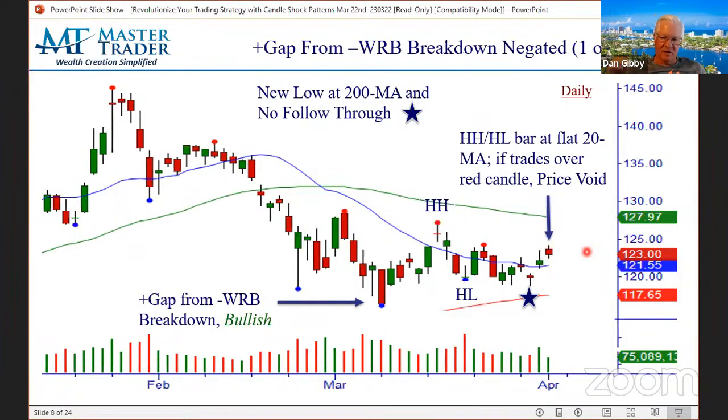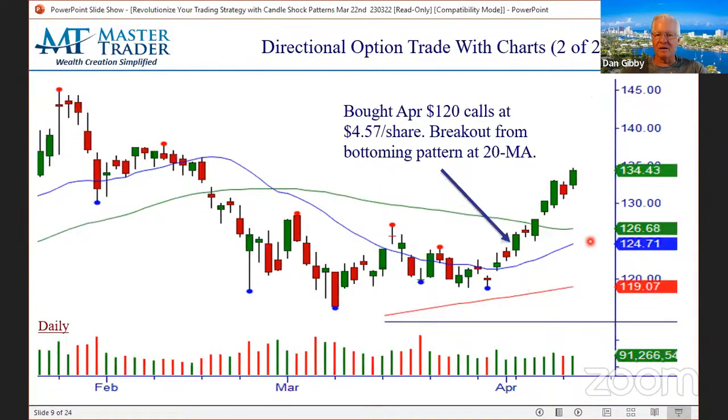It made a higher high, higher low, narrow range bar, but Greg and I are both thinking, what if this trades over the high tomorrow? Now I have a breakout of a multi-week bottoming pattern.